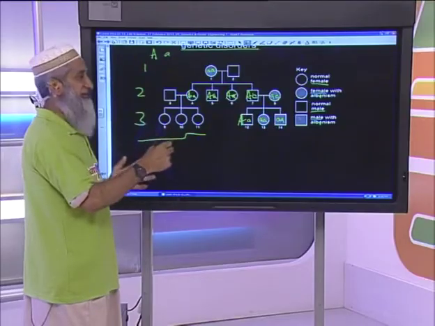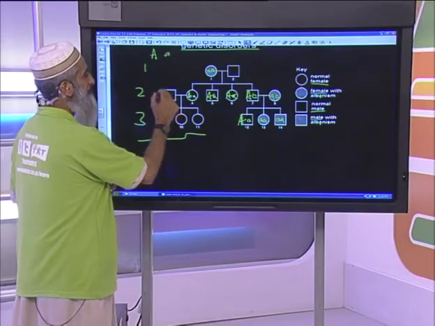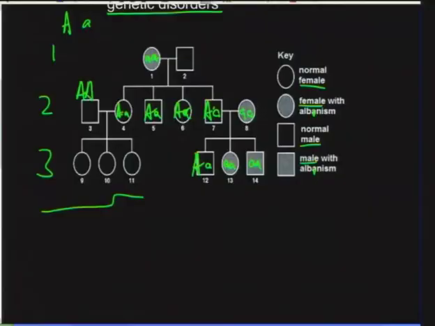Because we don't have further evidence, we would assume that this could be either capital A or small a, because we don't have any other suggestions here. And if all these offspring are A, any one of them could have been a small a, because they could have inherited this small a gene from the mother and the other normal gene from the father.